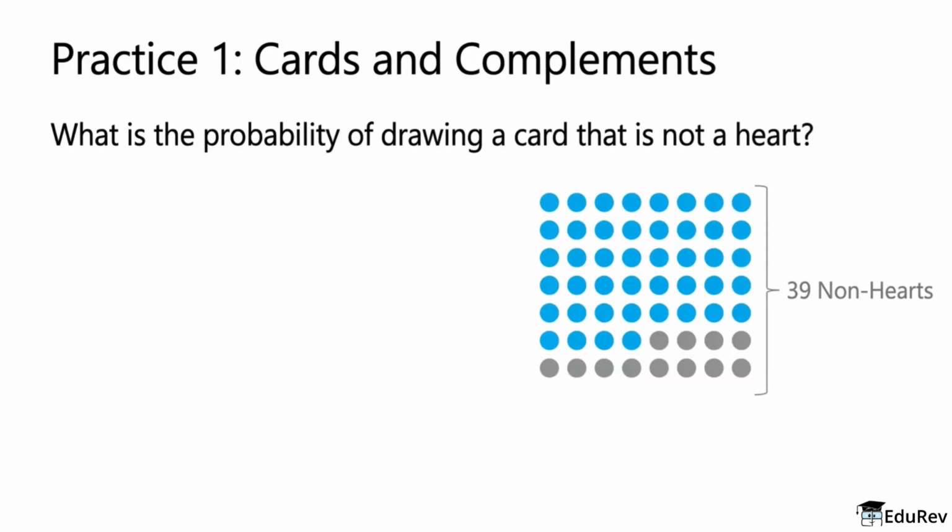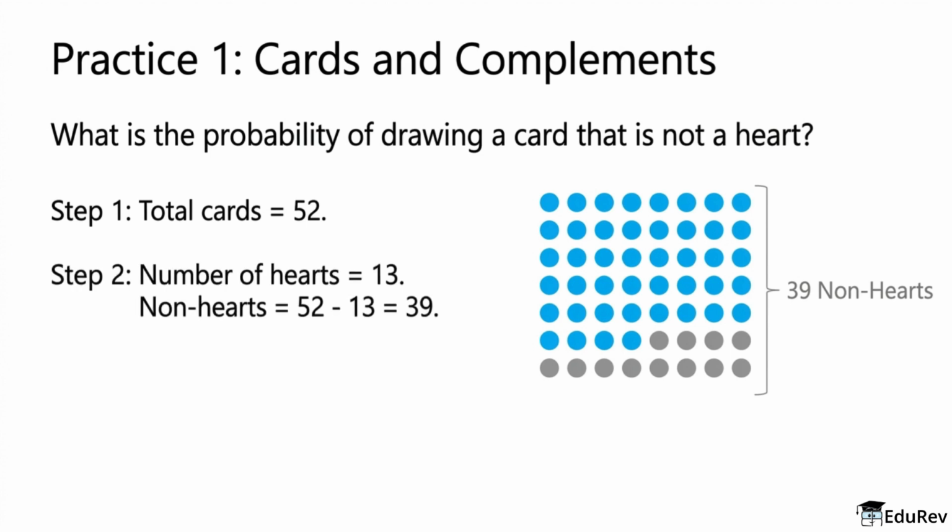For practice 1, we want to find the probability of drawing a card that is not a heart. Step 1. Identify our total cards, which is 52. Step 2. Find the number of non-hearts. Since there are 13 hearts, we subtract 13 from 52 to get 39 non-heart cards. Step 3. Plug this into our formula.